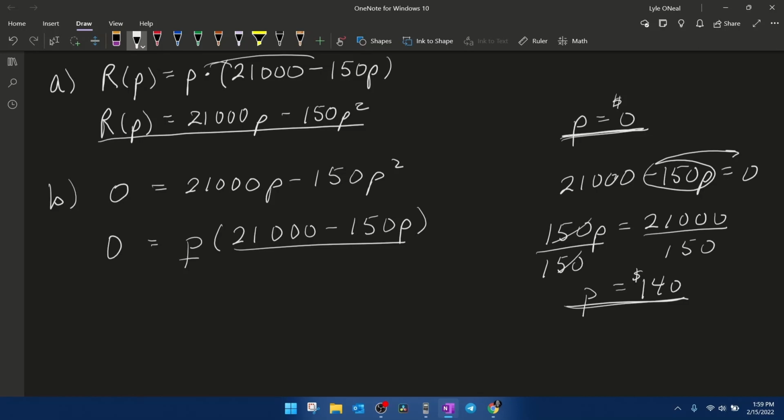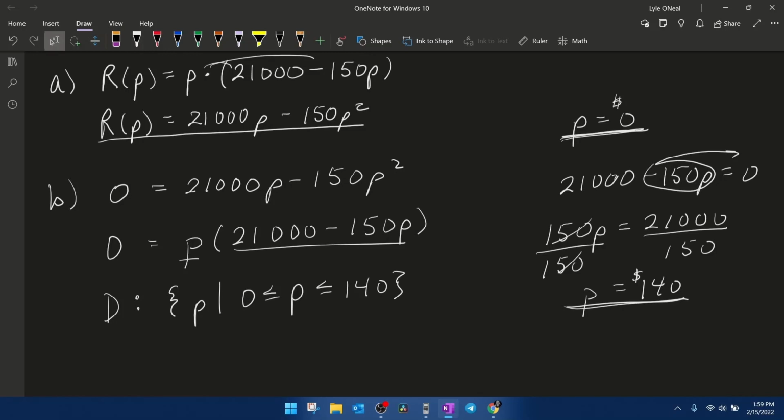And so now we can write the domain of our function. It's going to be the set of all p's such that p is greater than or equal to 0, but less than or equal to 140.